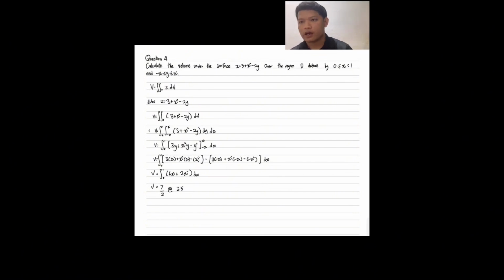So we simplify, and we got 6x plus 2x power of 2 dx. So for the last step, we just substitute the value of x with 1 and 0. So the final answer, we get V is equal to 7 over 2, which is equivalent to 3.5.